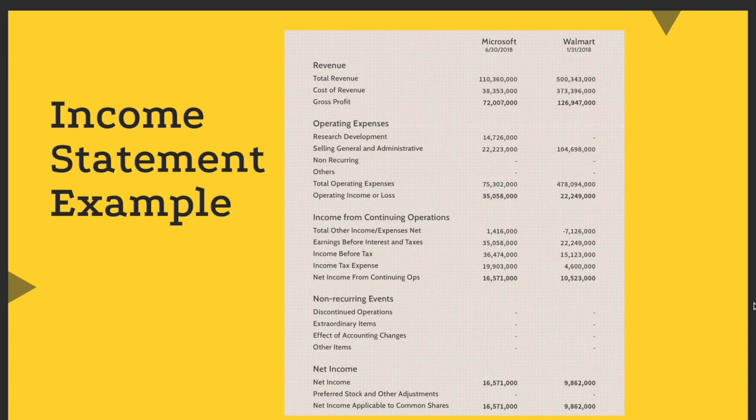After discounting for any non-recurring events, the value of net income applicable to common shares is arrived at. Microsoft had a 68% higher net income of 16 billion compared to Walmart's 9 billion. The earnings per share are computed by dividing the net income figure by the number of weighted average shares outstanding.